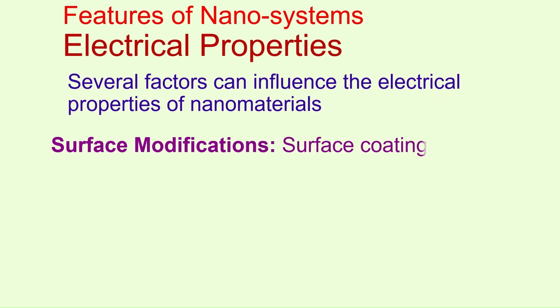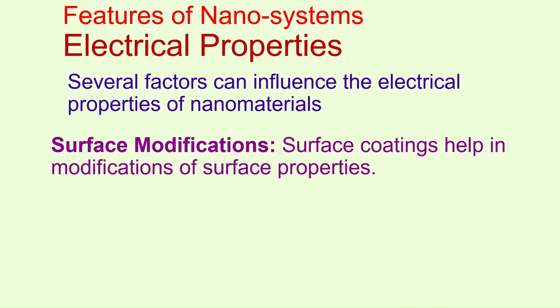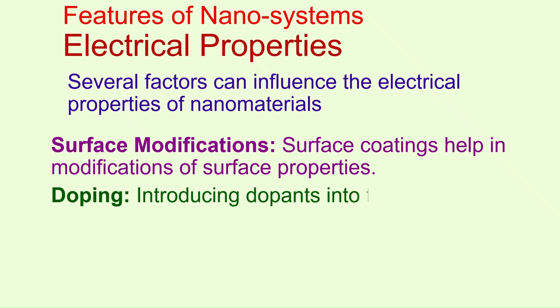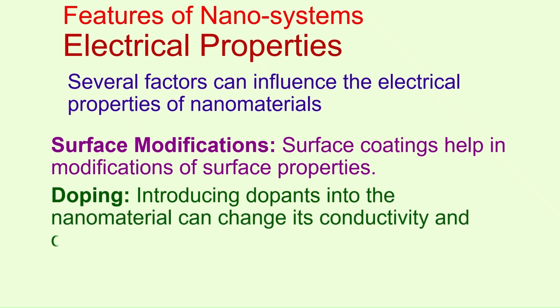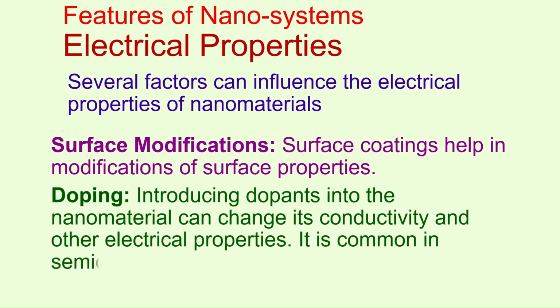Surface modifications. Surface coatings help in modifications of surface properties. Doping. Introducing dopants into the nanomaterial can change its conductivity and other electrical properties. It is common in semiconductors.